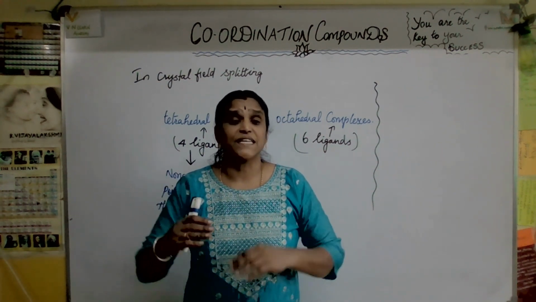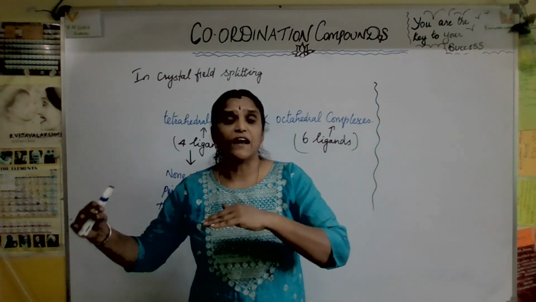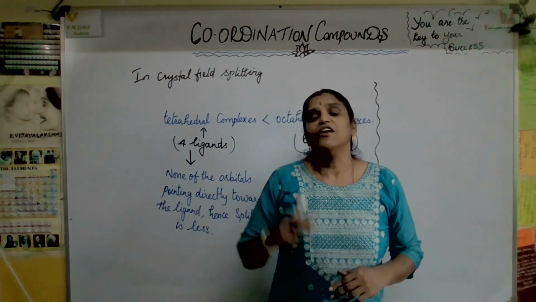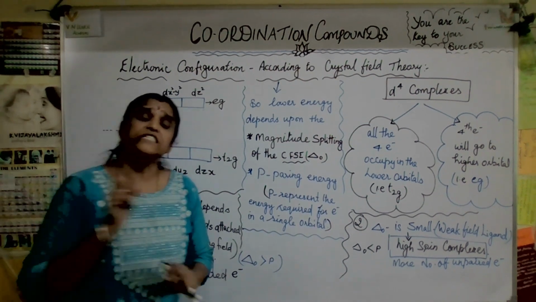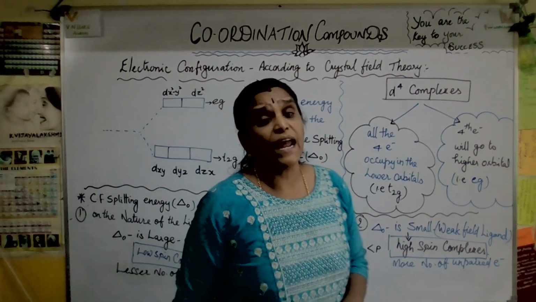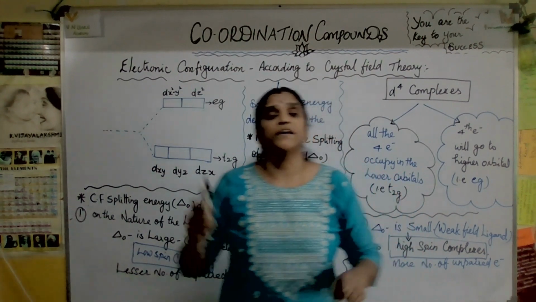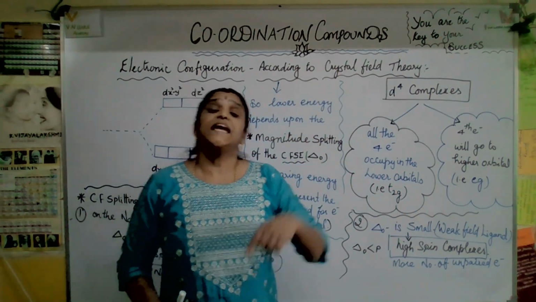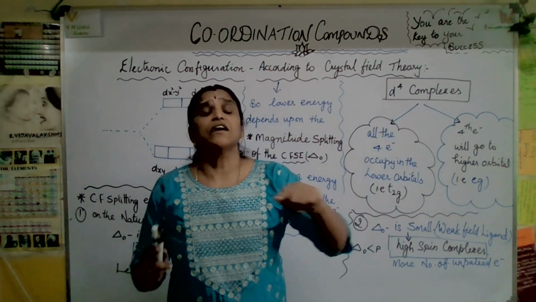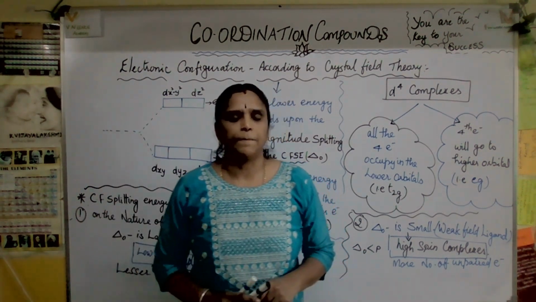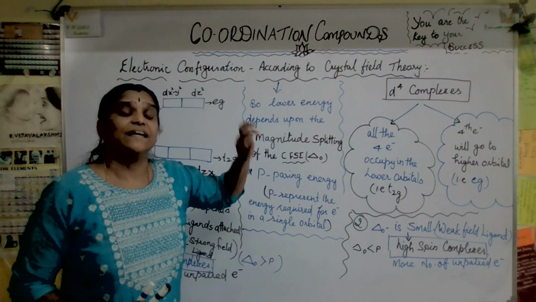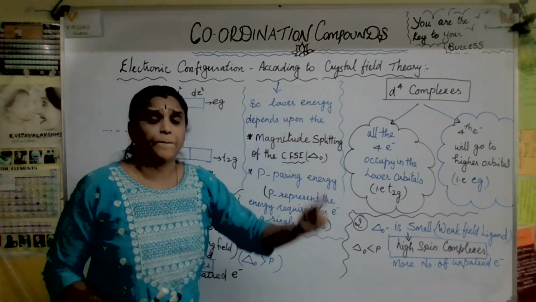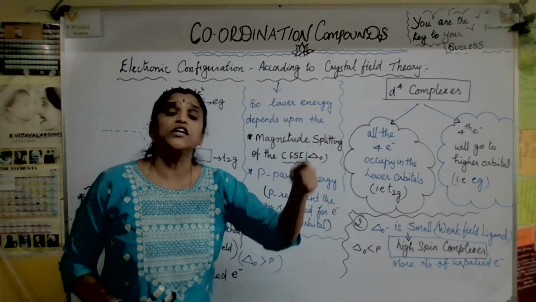Now we are going to see the distribution of electrons in the d orbitals according to the nature of the ligand.